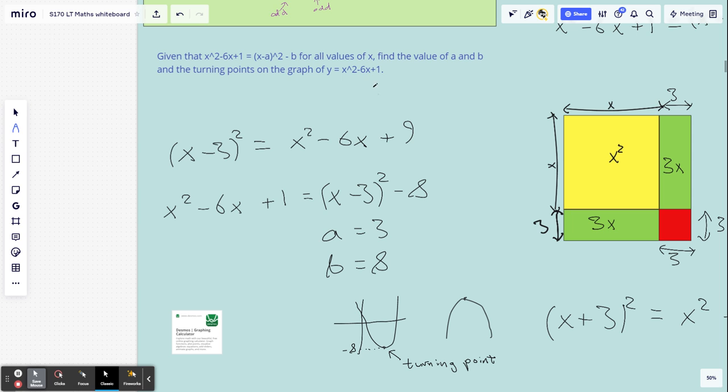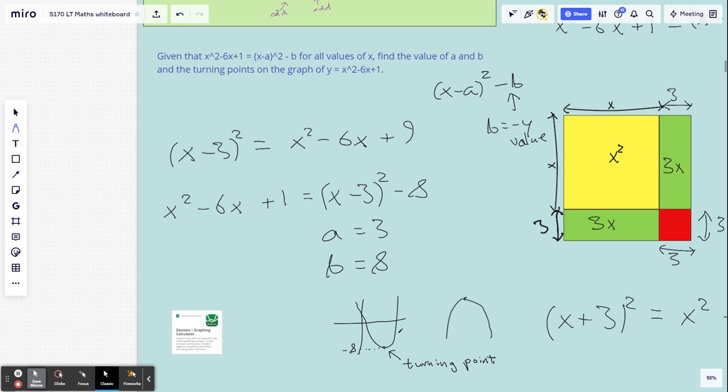So let's go x minus a all squared minus b. Well, this is -8. So in other words, if we had a plus sign there, then we would be able to say that b is equal to the y value. Because we don't have a plus sign, we'd have to say that b is equal to the negative y value for the turning point.